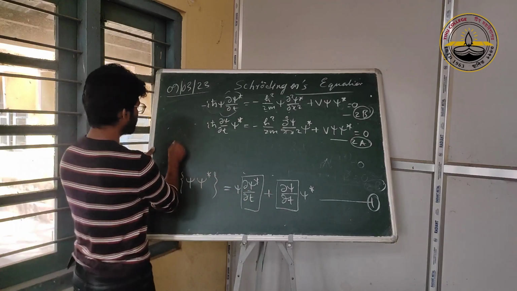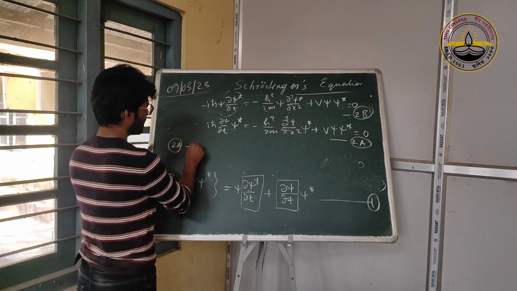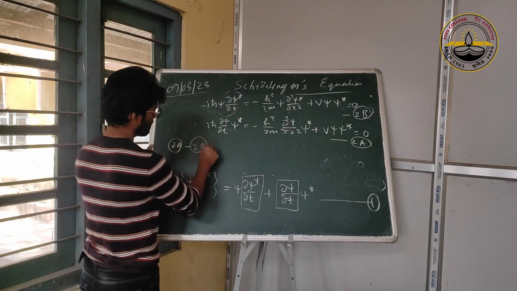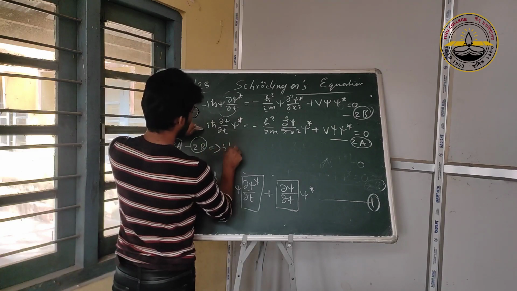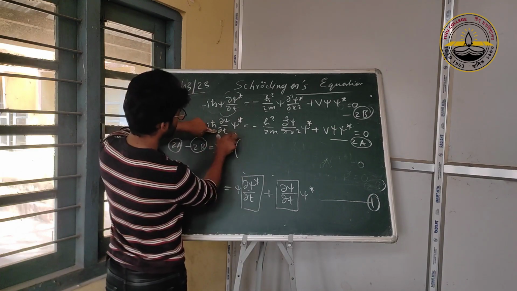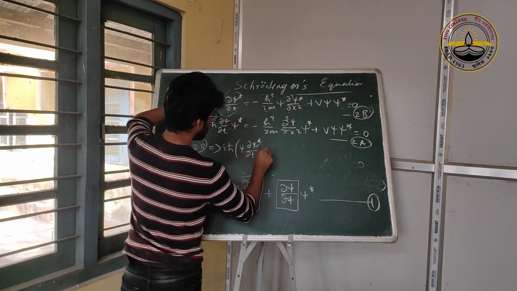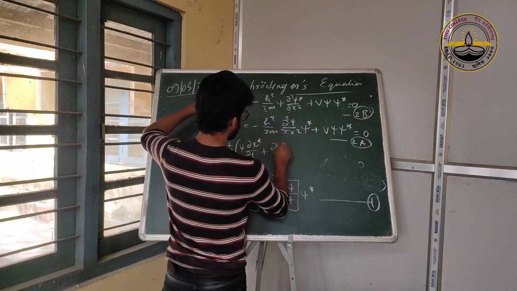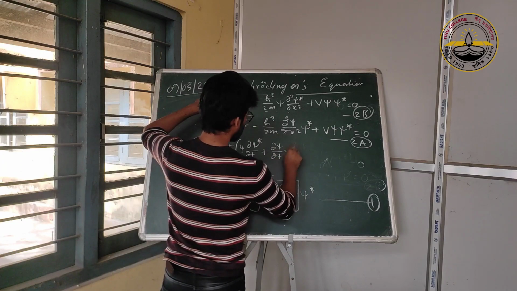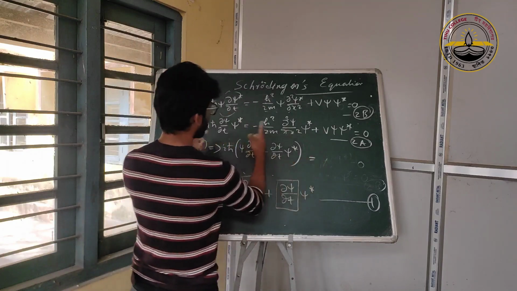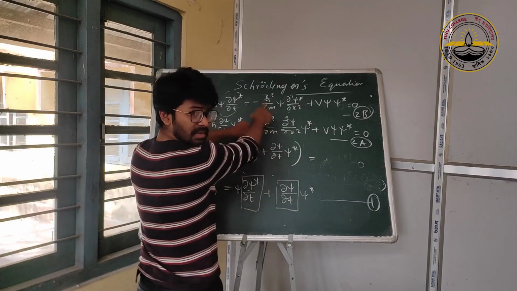So let's do that. 2a minus 2b, and we'll get i h cross times this plus this, del psi star del t plus del psi del t psi star. This side done. On the other side, this minus this.